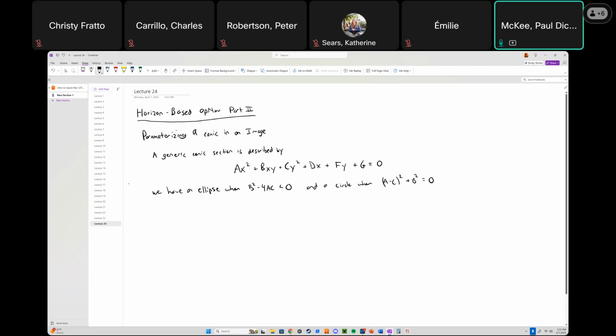So we can take this equation and write it in matrix form if we introduce homogeneous coordinates again.